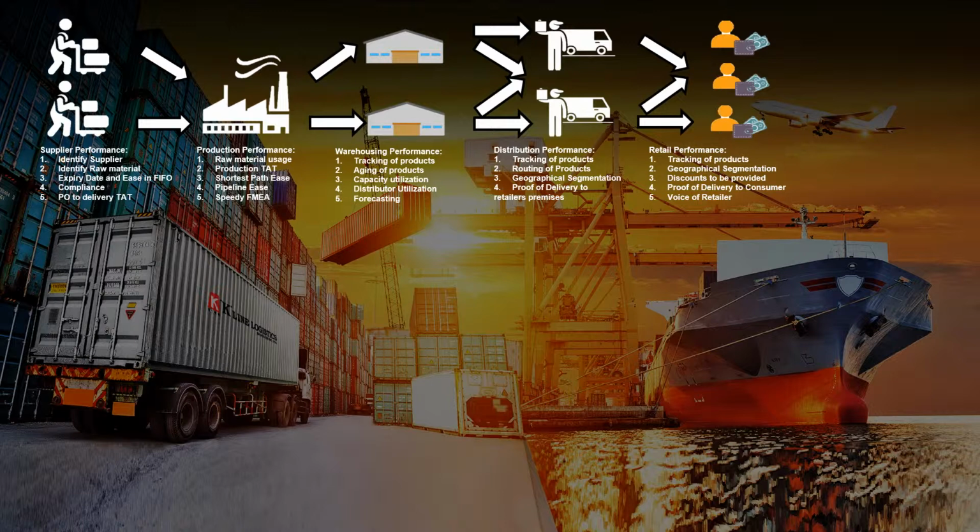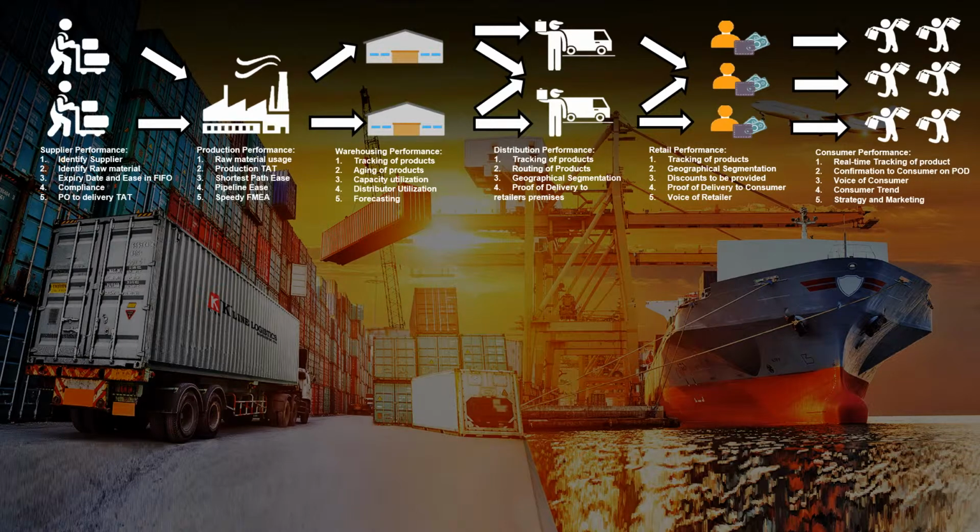Geographical segmentation, from where it comes from the data. Where is this data stored? It can be stored in an Excel sheet or a system. But a barcode is a very unique way to store it, so it can be translated digitally anywhere. The voice of the retailer can also be heard by the manufacturing unit.